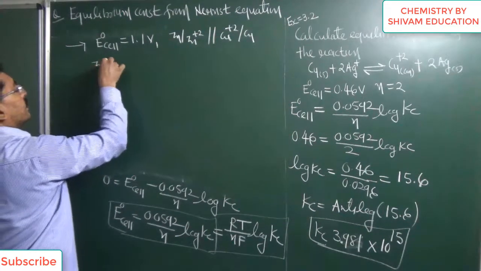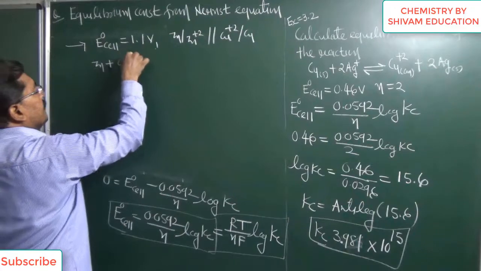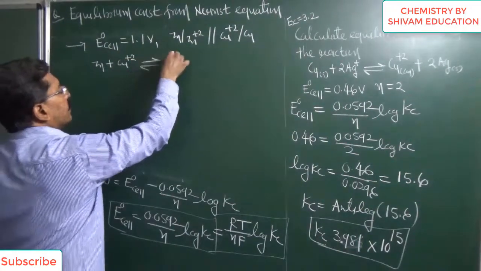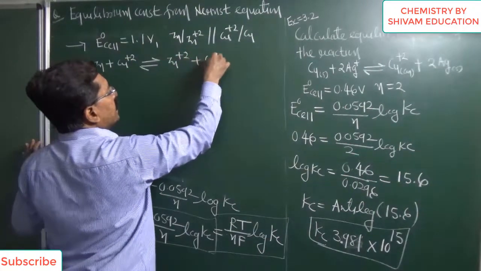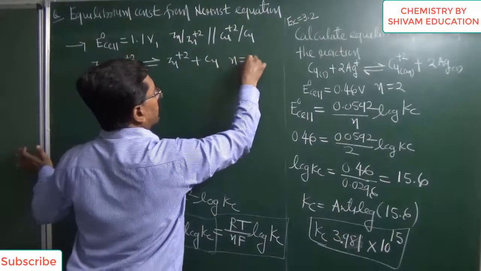When we are writing this equation, we have to find the change in electrons. We know that the change in electrons for this reaction is 2.